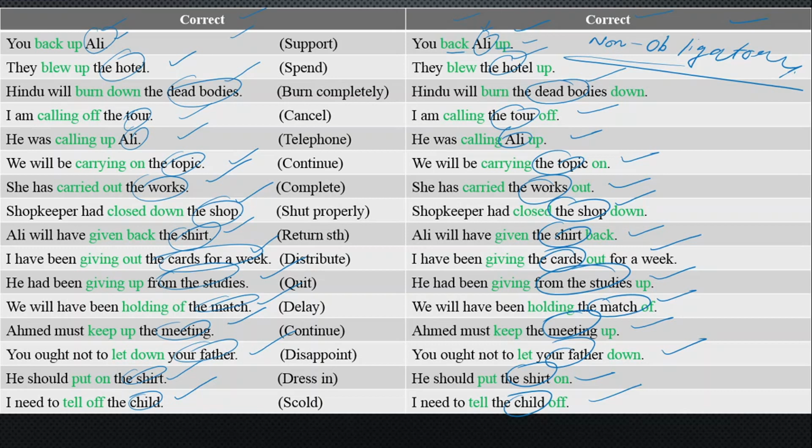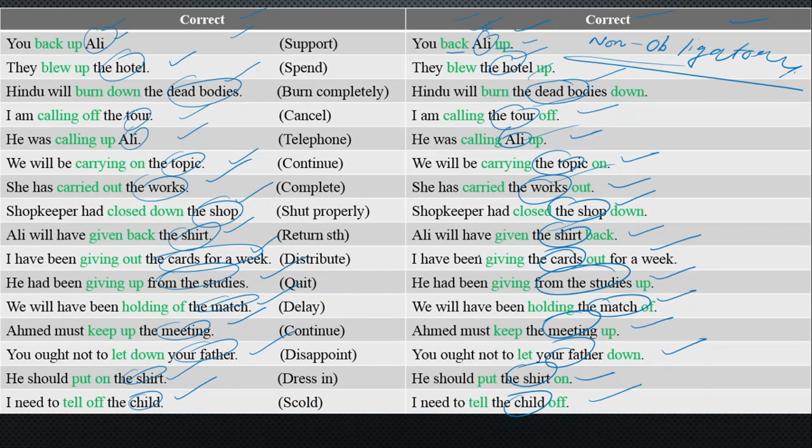After that, I taught you the kinds of separable transitive phrasal verbs. Obligatory, when your object is a pronoun, it is obligatory to separate them, and non-obligatory, when you have a noun, you have the choice whether you separate or not. There isn't any objection.